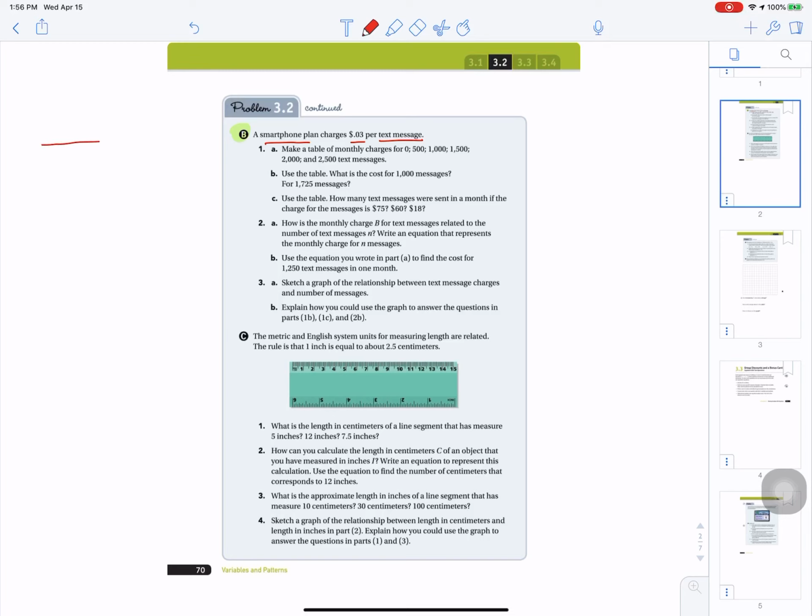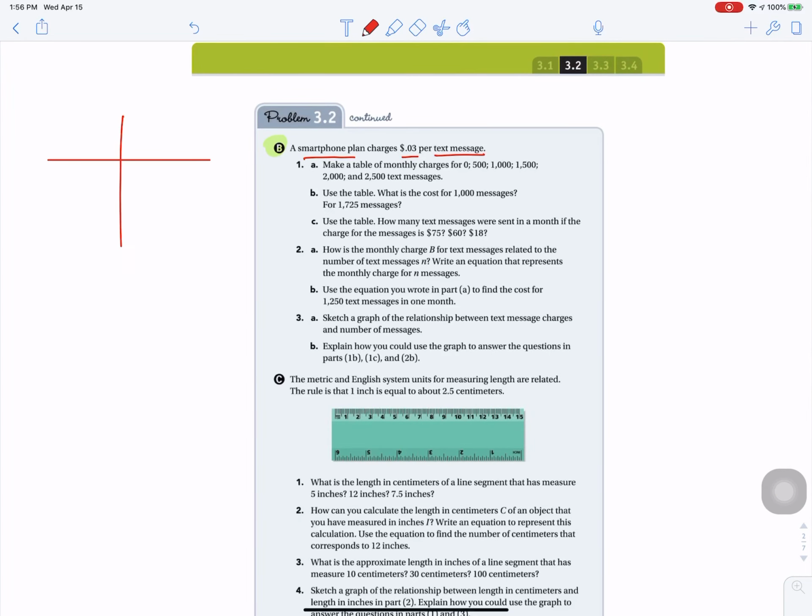One very easy table to make would be a T-chart. You could do texts and then charges. It's asking us to do 500, 1,000, 1,500, 2,000, and 2,500.